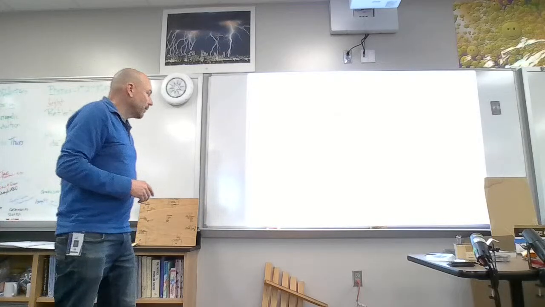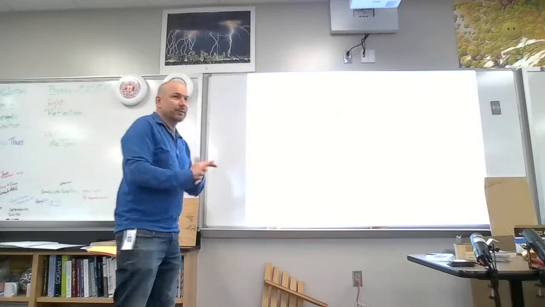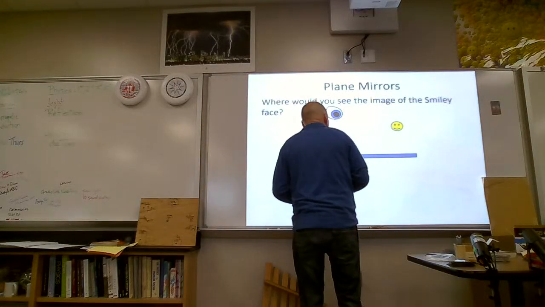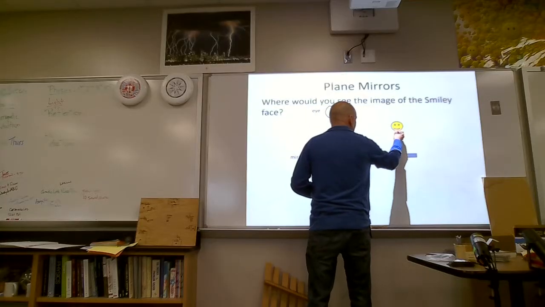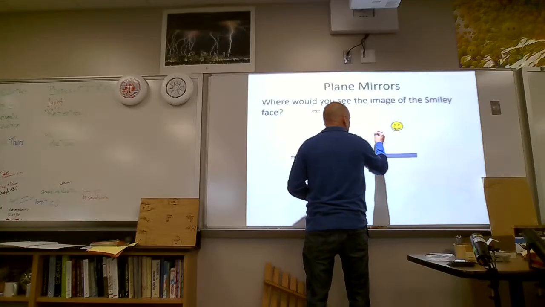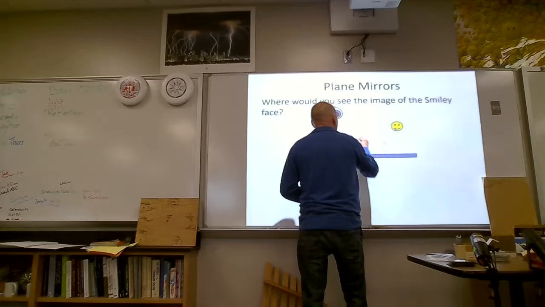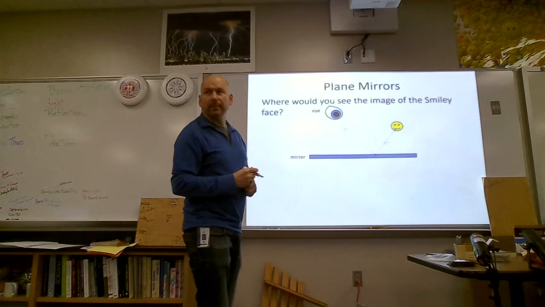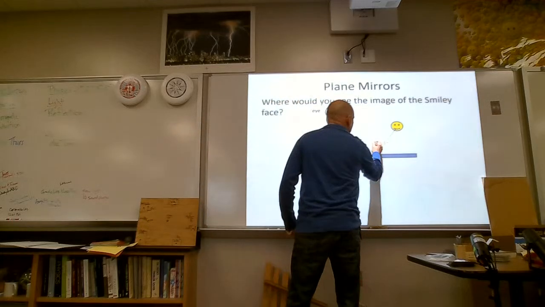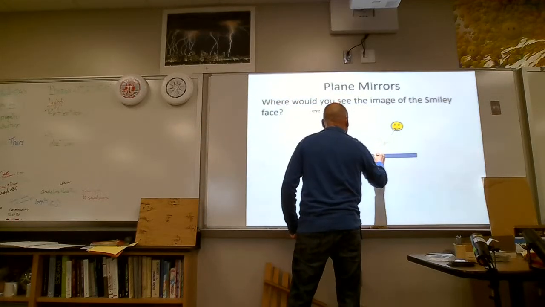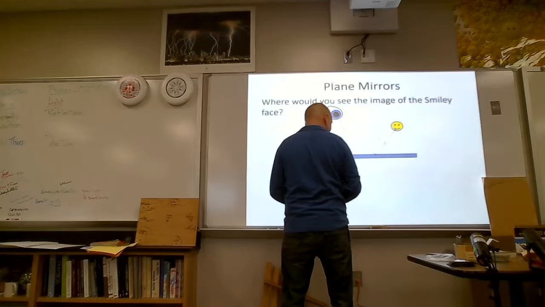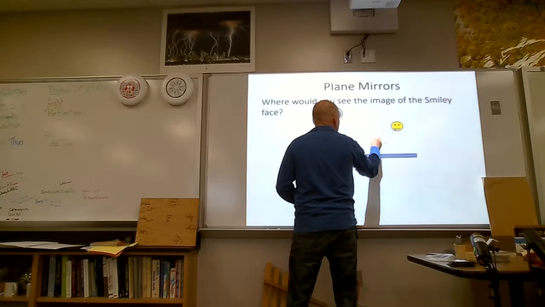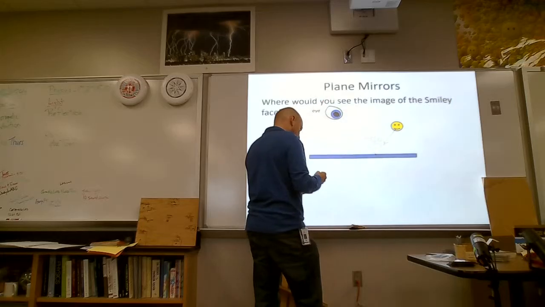All right. So, as you're looking at plane mirrors, so these are just flat mirrors, your eyeball is the catcher, the receiver of light. So light's coming off of the object, obeying the law of reflection, and going into your eye. So angle of incidence equals the angle of reflection. Okay?